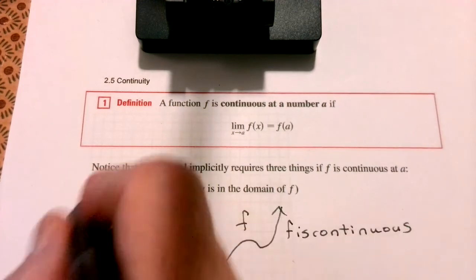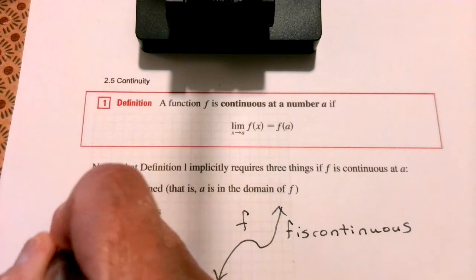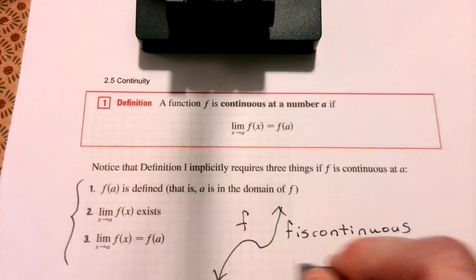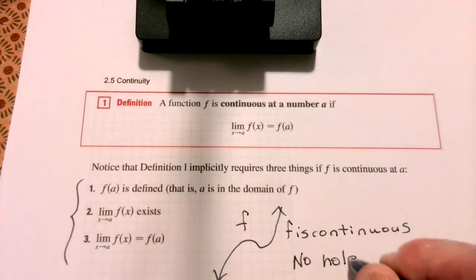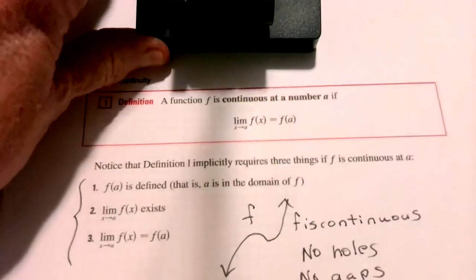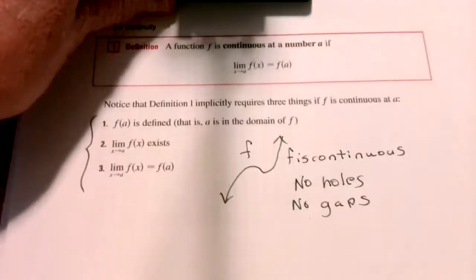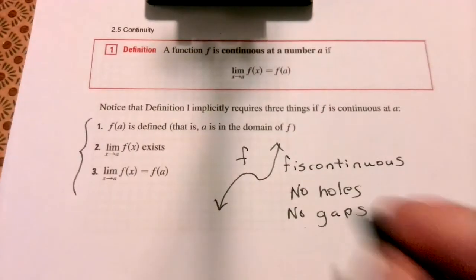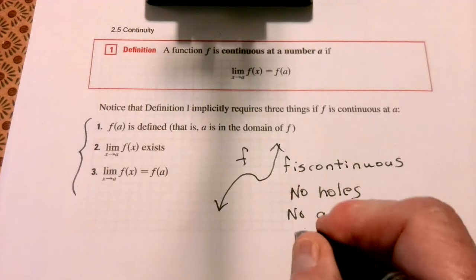But when we say f is continuous, we mean this is true. And so there's no holes. There's no gaps. And there's no vertical asymptotes.